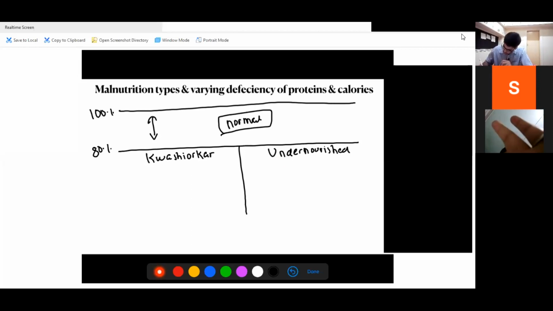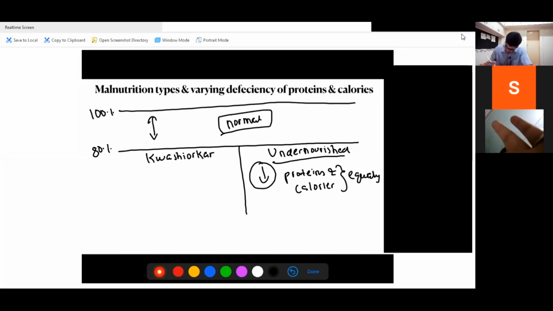This sign means less: deficiency of proteins and calories. And both are equally deficient. It is not that the protein is less or the calorie is less. Both are equally deficient. So these children come under undernutrition.